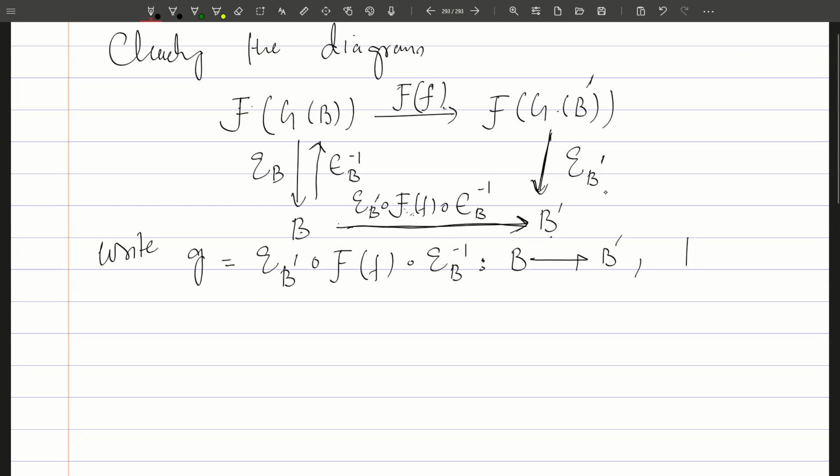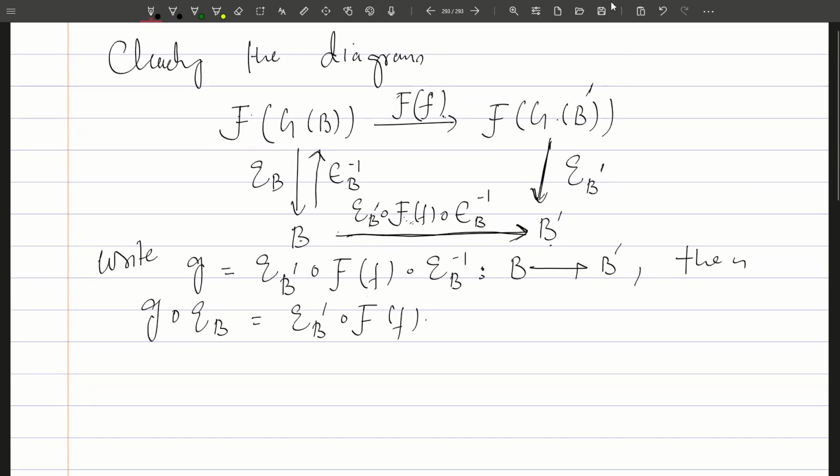So then if we compose g with epsilon B, when we multiply with epsilon B inverse, we get epsilon B prime composite F of f.